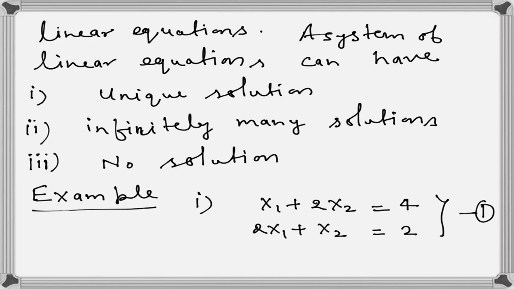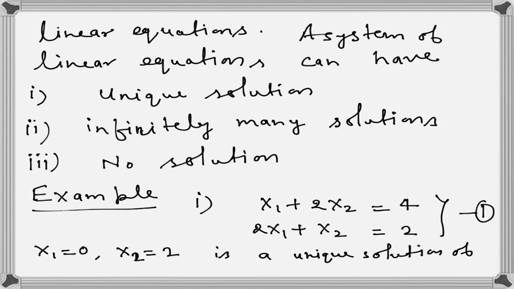It is easy to see that x1 = 0 and x2 = 2 is the unique solution of (1). All right, let's see another example.